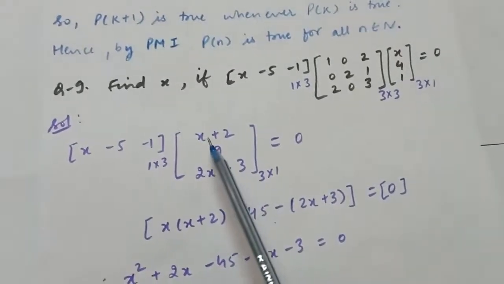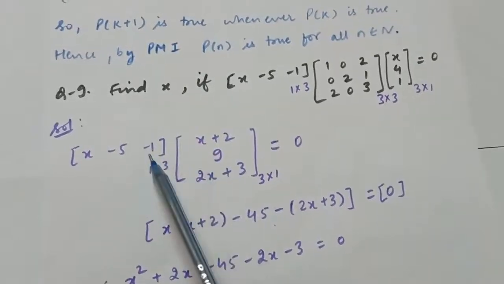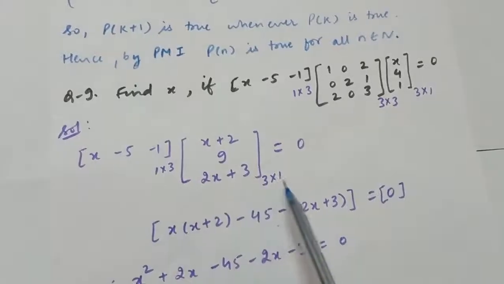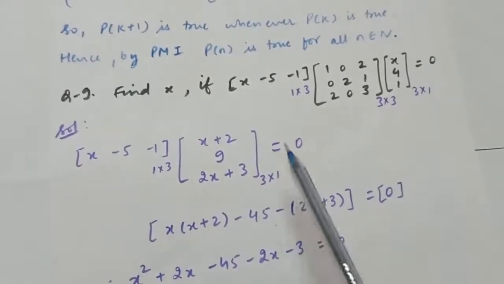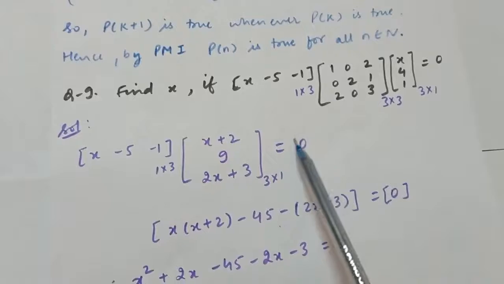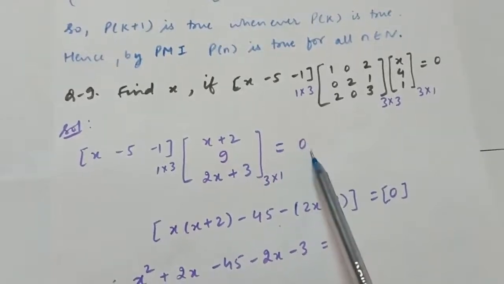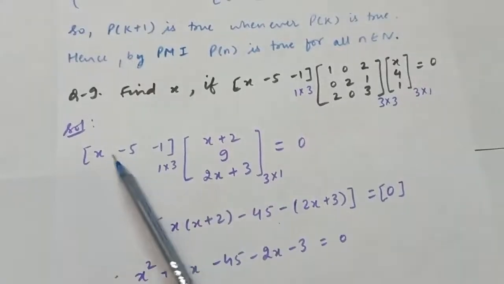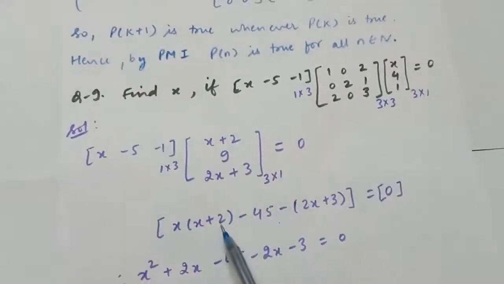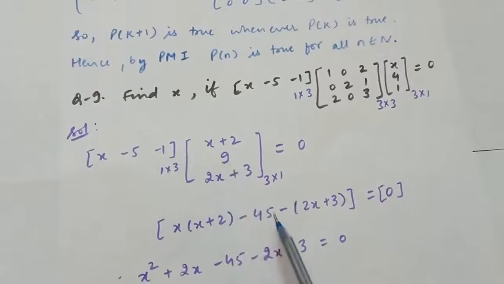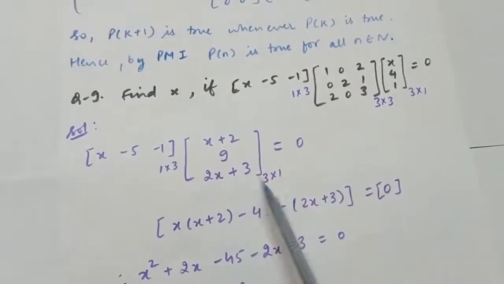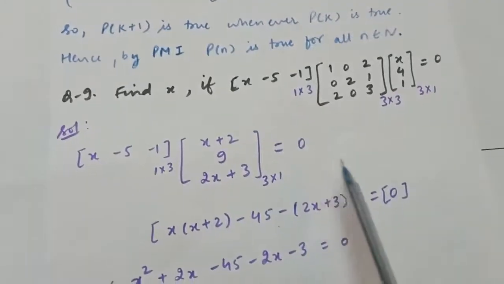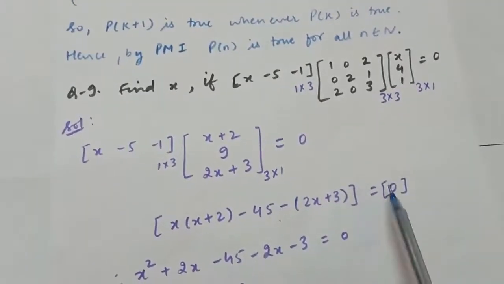Now when you multiply these 2 matrices, the resultant matrix order will be 1 cross 1, that is 1 element only, and this is given to you equal to 0 matrix, right? So the matrix will be now x into x plus 2 minus 45 minus 2x plus 3 equal to, now we are taking this 0 matrix of order 1 because these two are equal.